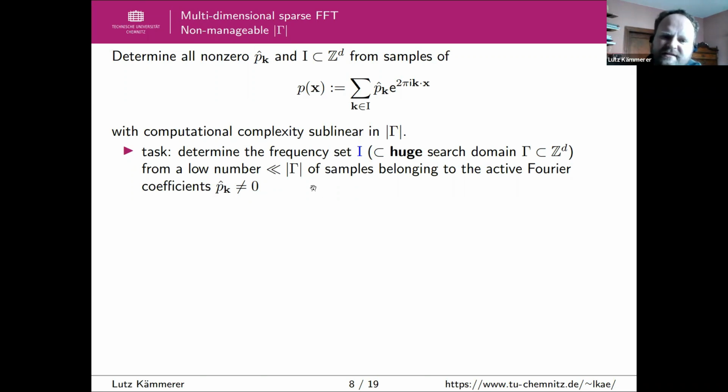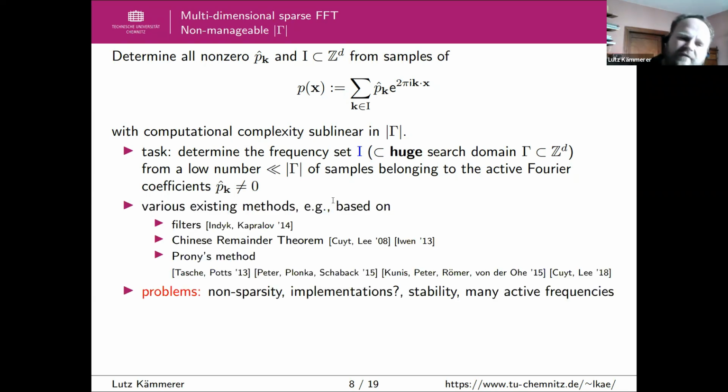And now the task is to determine the frequency set, so this set of active frequencies, out of a huge search domain from a low number of samples. That's the idea. And there are several existing methods, based on filters, the Chinese remainder theorem, Prony's method, and so on. But there are different problems.